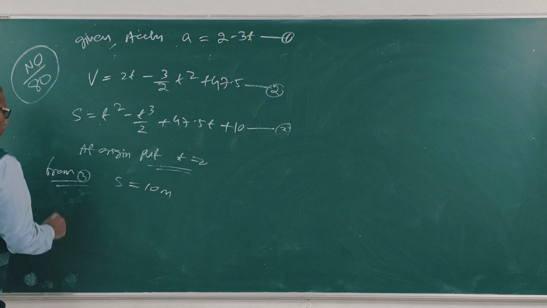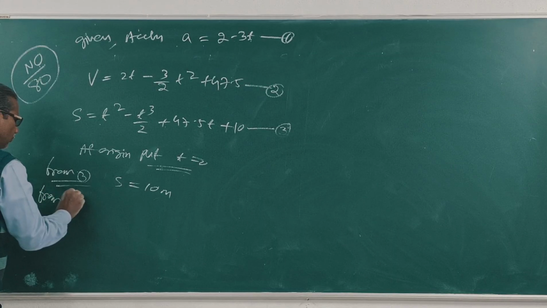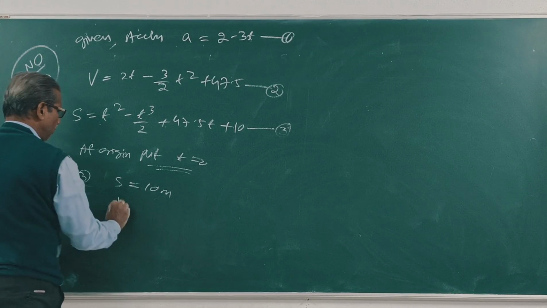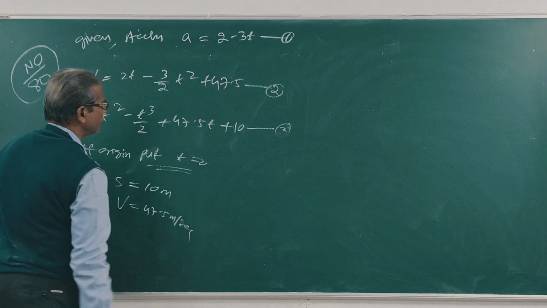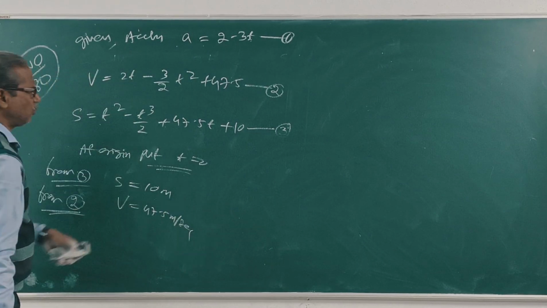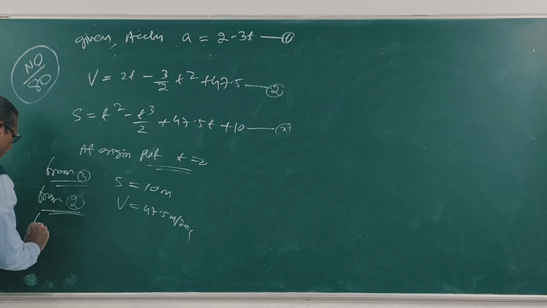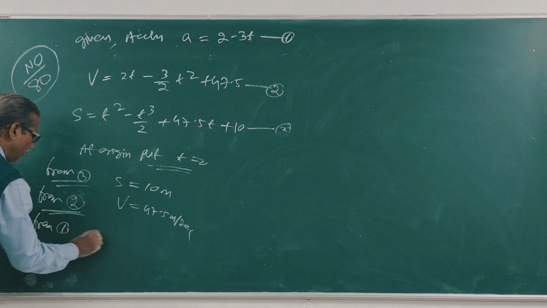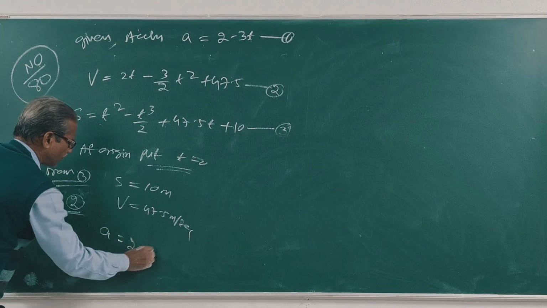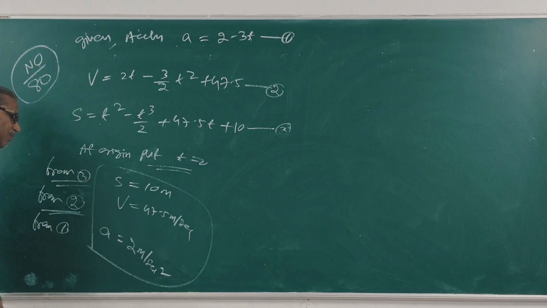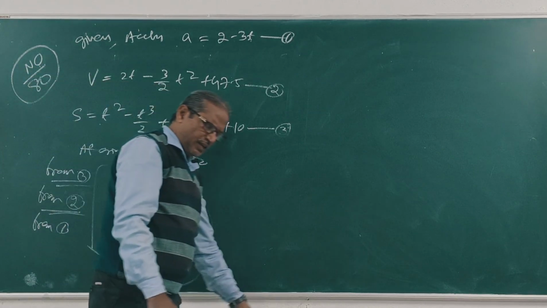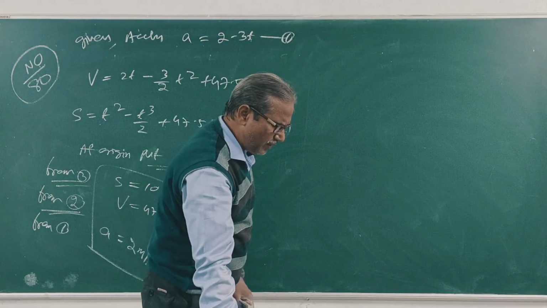From equation 2, v is equal to 47.5 meter per second. Right? So from equation 1, a is equal to 2 meter per second square. Clear? This is the answer for velocity, acceleration and distance traveled at the origin.